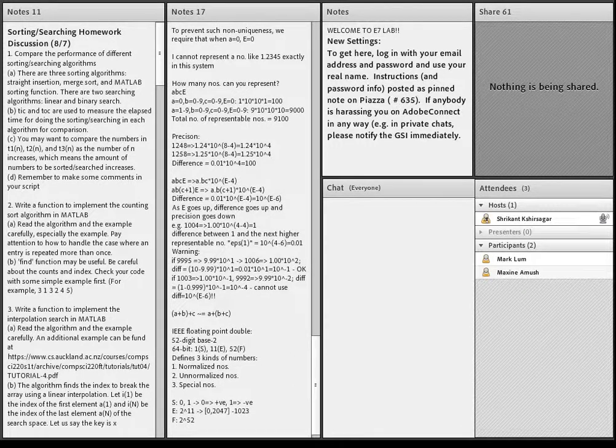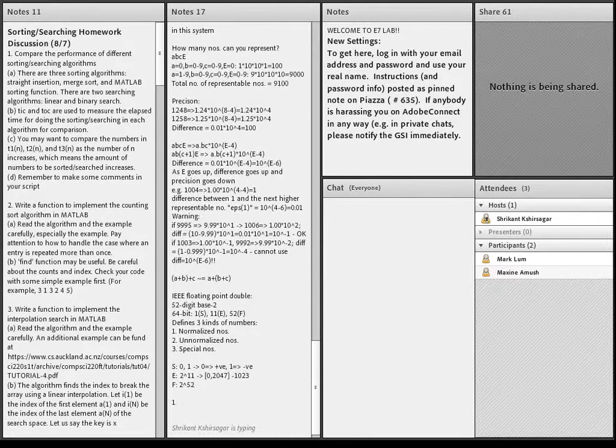Now let's look at what are these three kinds of numbers that IEEE deals with and how it circumvents this problem of non-unique representations. Okay, so the first kind of numbers are what we call the normalized numbers. So what are normalized numbers?